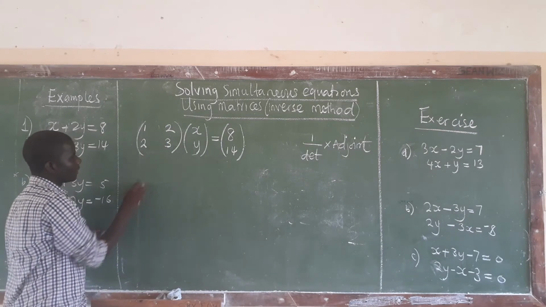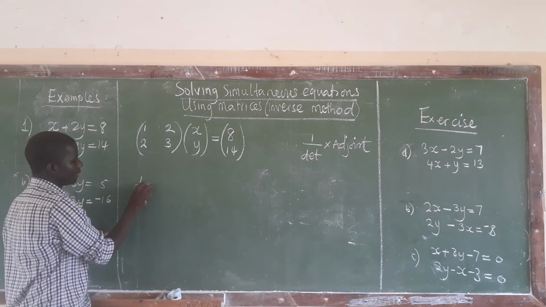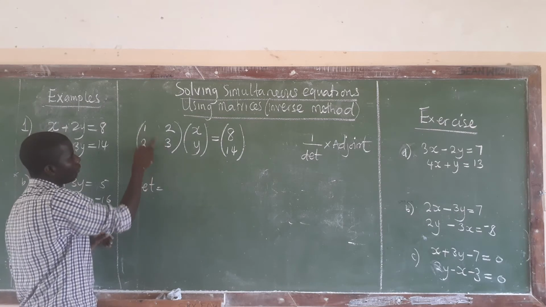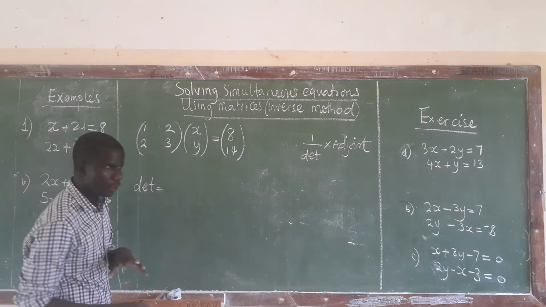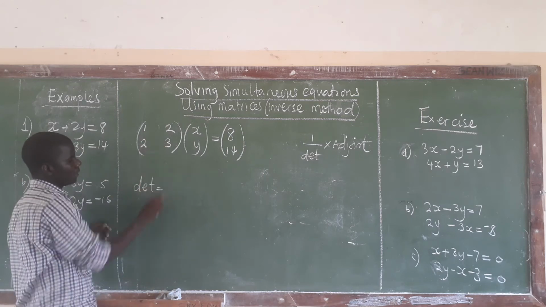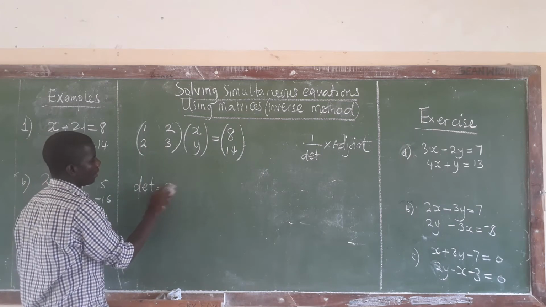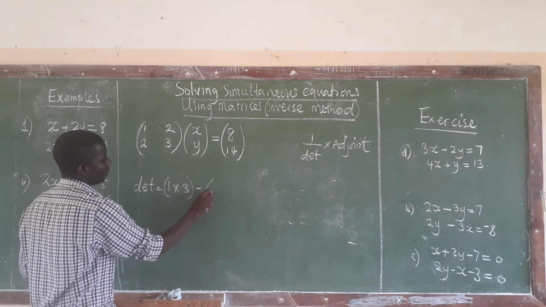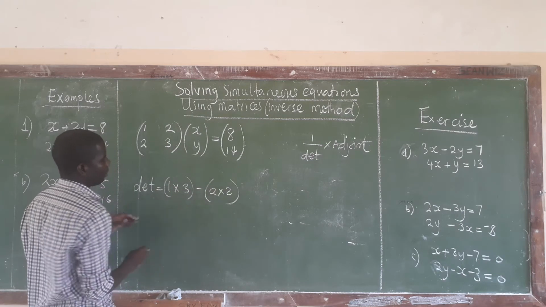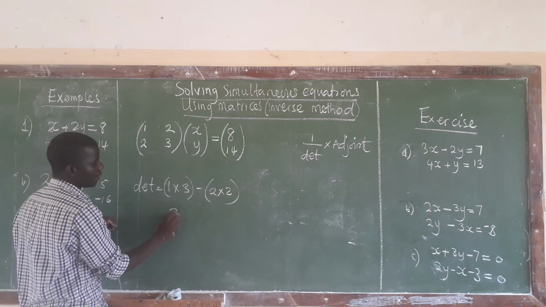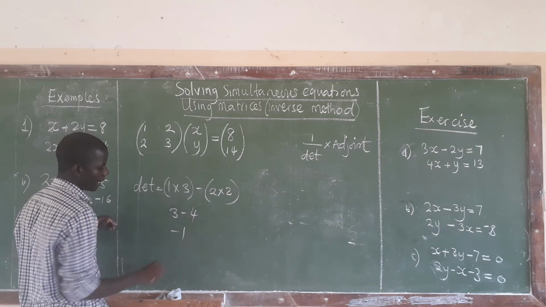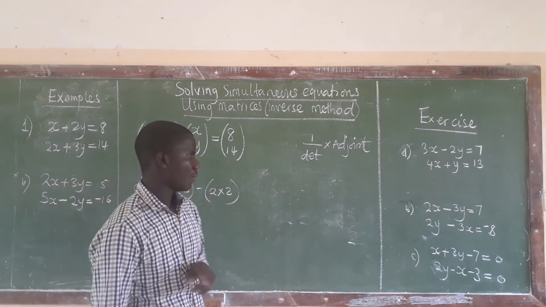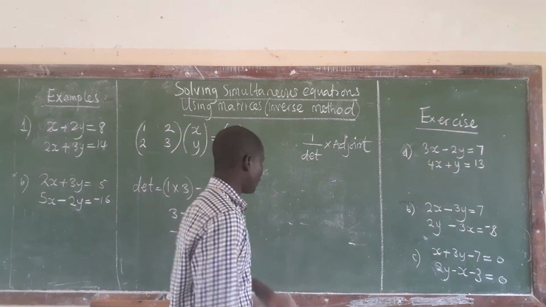The determinant of this matrix, you know that it is equal to the product of the elements in the main diagonal, which is 1 multiplied by 3, minus the product of the elements in the other diagonal. This is going to give us 3 minus 4. We are getting negative 1 as our determinant. That is very important.